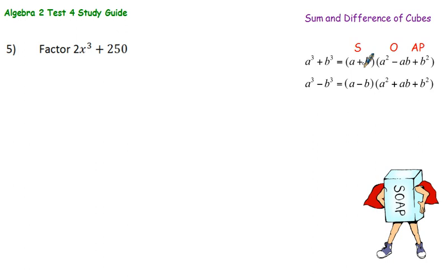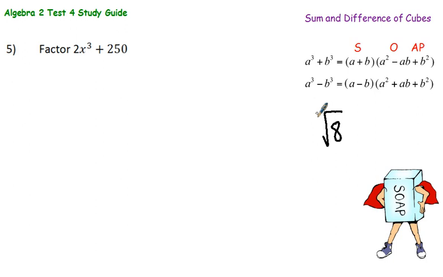How we work backwards, we're trying to figure out what this looked like before it got multiplied out. What I want to do is take the cube root of 2. When we think about the cube root, let me mention this real quick. The cube root of a number, let's say 8 for instance. If you don't see a number out here, then it's understood that that means the square root.